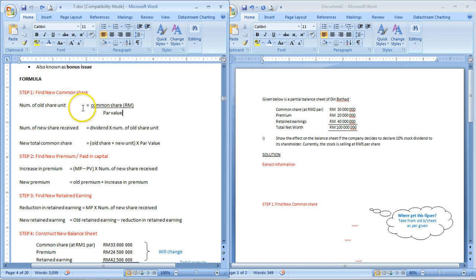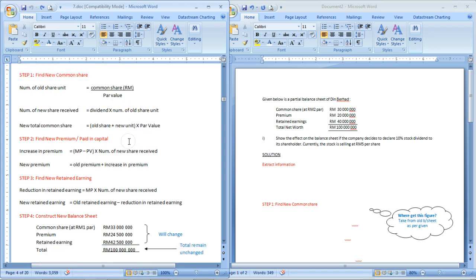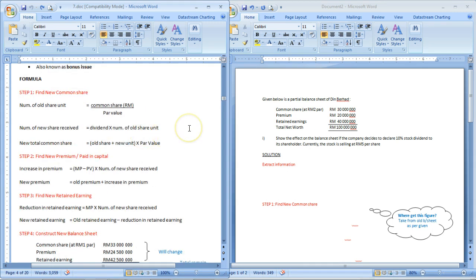First we need to know our current existing number of shares in units, how many shares we receive, and our new total number of shares, the old shares plus the new shares. As I told you, bond par value is 1000, preferred stock is 100, but common stock is based on the question, with a minimum of 50 cents.